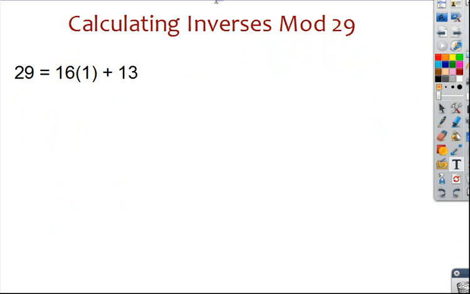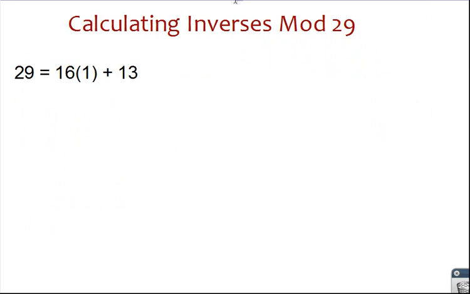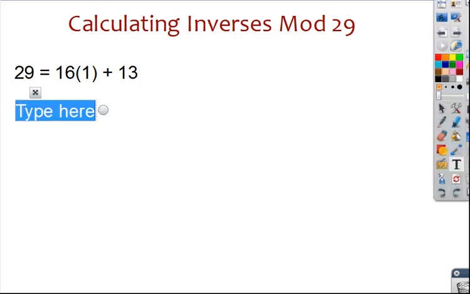Okay, calculating the inverse mod 29 of 16, we use Euclid's division algorithm to figure out the greatest common divisor of 29 and 16, which we already know is 1 because 29 is prime. So we have 29 equals 16 times 1 plus 13. 16 is equal to 13 times 1 plus 3.